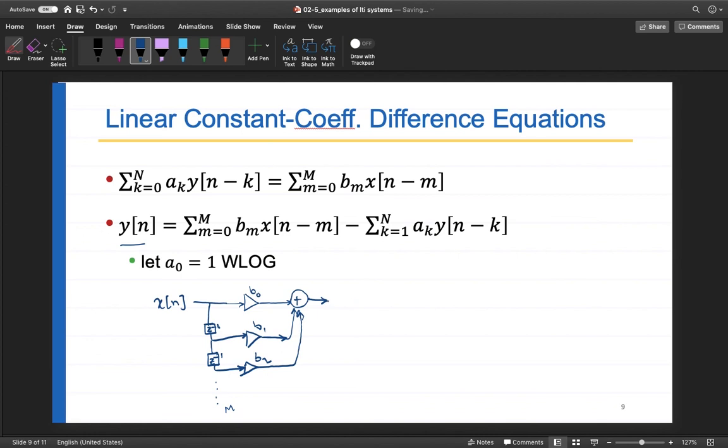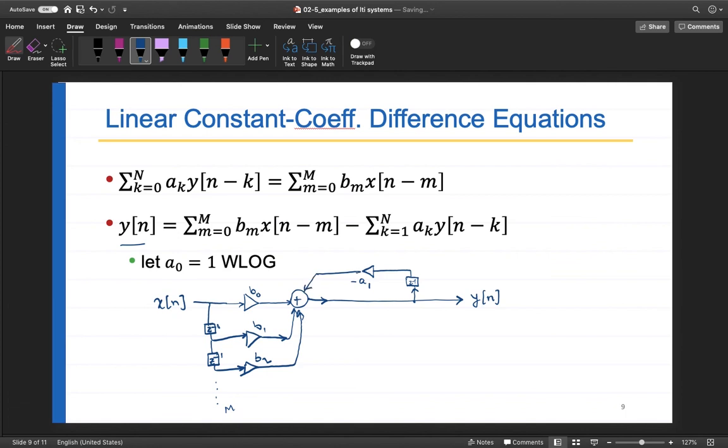So the output here is y of n. Now I need y of n minus 1 times a of k. So I will take this y of n and apply it to a delay function, z inverse, and the output of this delay will be scaled by minus a of 1 and fed back to this summation.